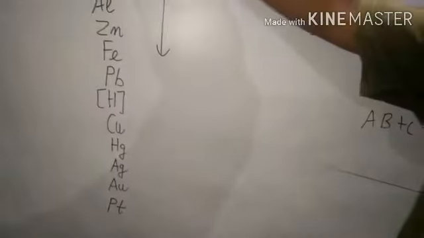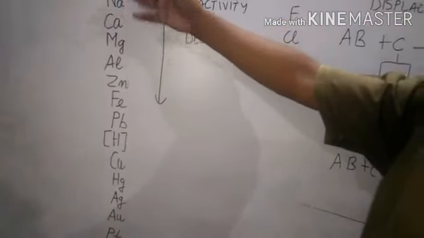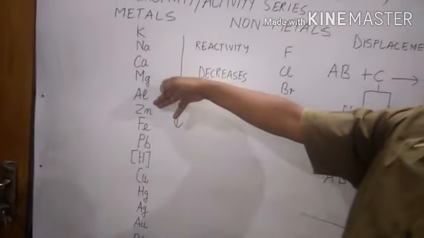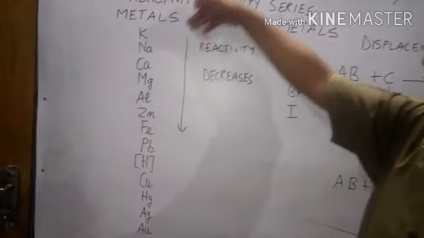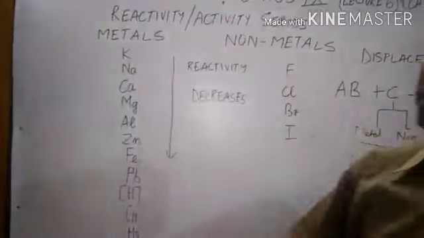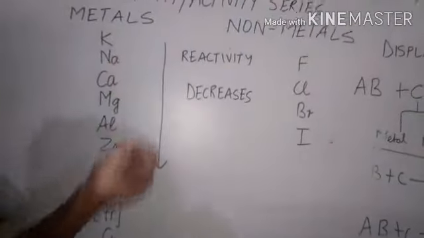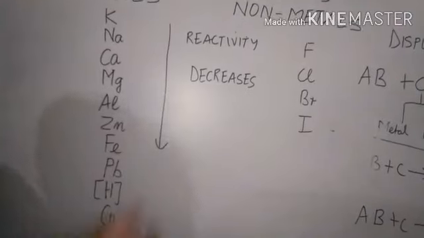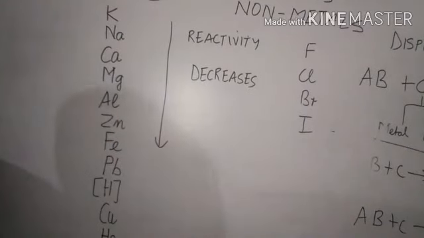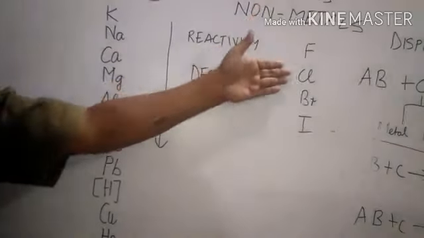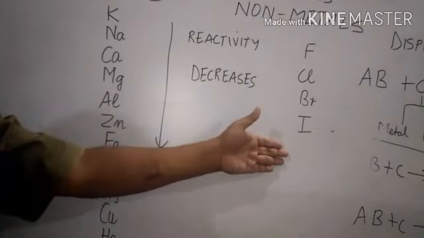The ones which are present above will displace the ones which are at a lower position, and reactivity decreases on going from top to bottom. In the terms of chemistry, the more electropositive displaces the less electropositive. The more electronegative displaces the less electronegative.